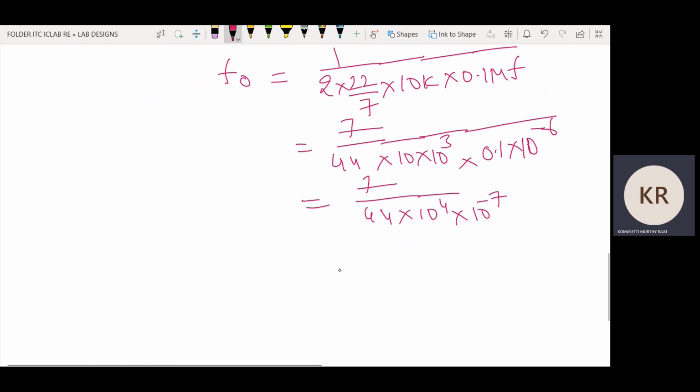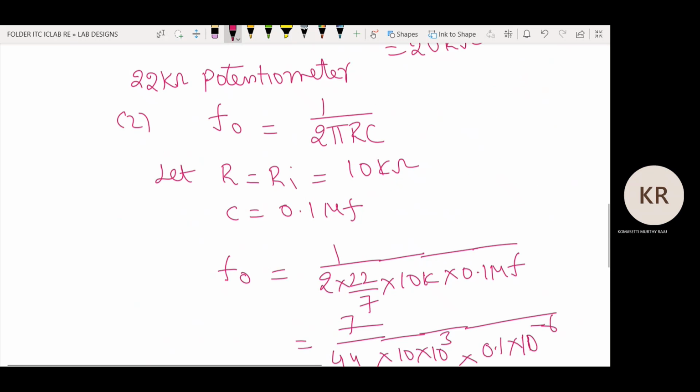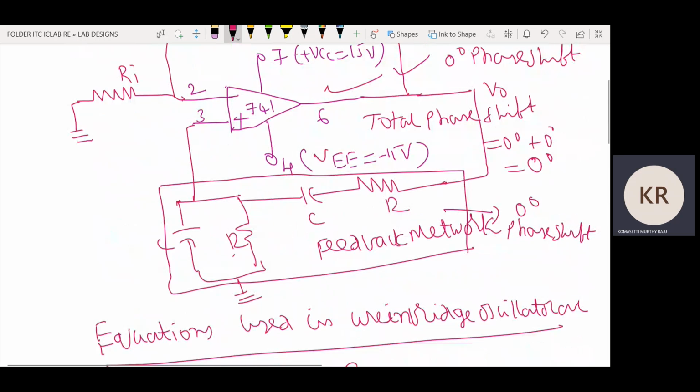Bringing the power back to the numerator, that is 7000 by 44, which is 159 Hertz. Here the C value is 0.1 microfarad and the R value is 10 kilo ohms.